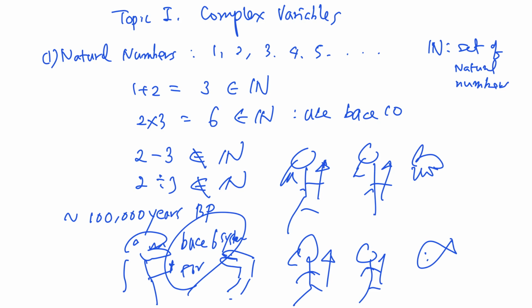you have to wait until middle school for integers. It's called Z. It's 1, 2, 3, and you have 0, and you have -1, -2, etc. So the integer system is the natural number system with 0 and the negatives of the natural numbers.